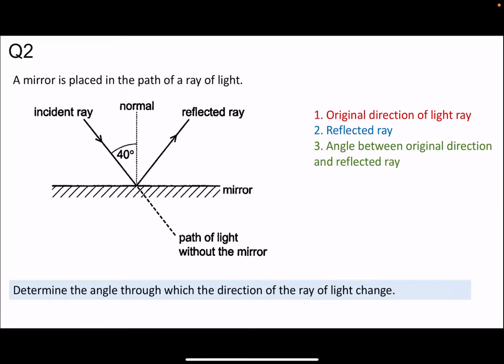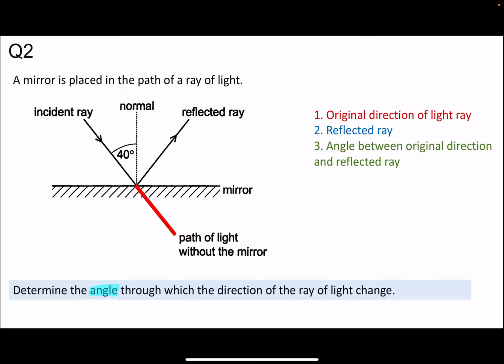Let's look at question 2. A mirror is placed in the path of a ray of light. Determine the angle through which the direction of the light ray changed. So to do this, we need to find out the original direction of the light ray and where the reflected ray is, and then we can determine the angle between the original direction and the reflected ray.